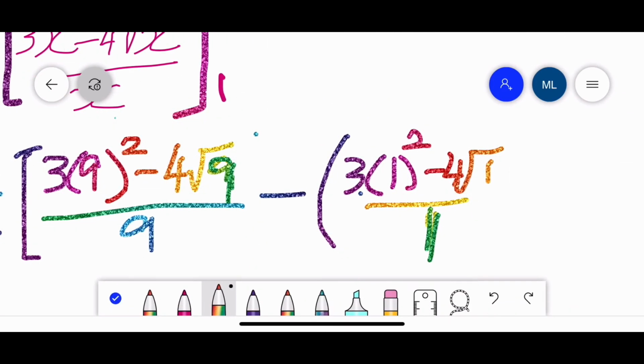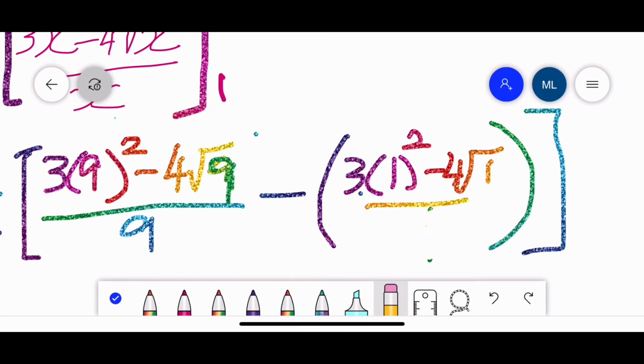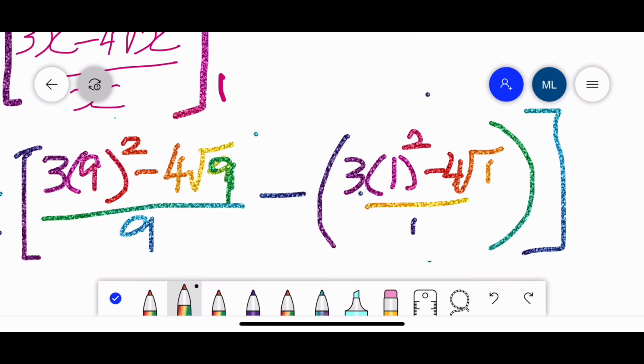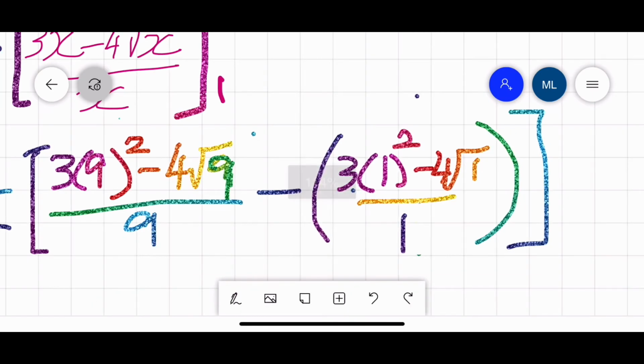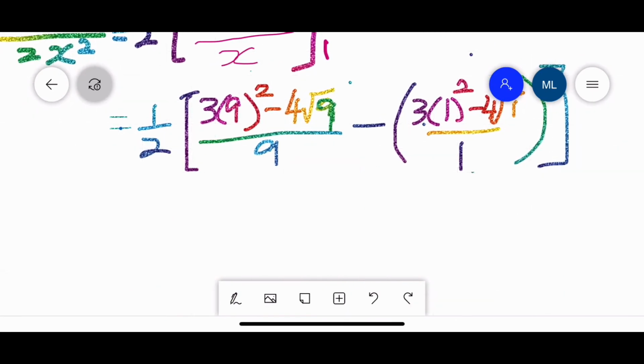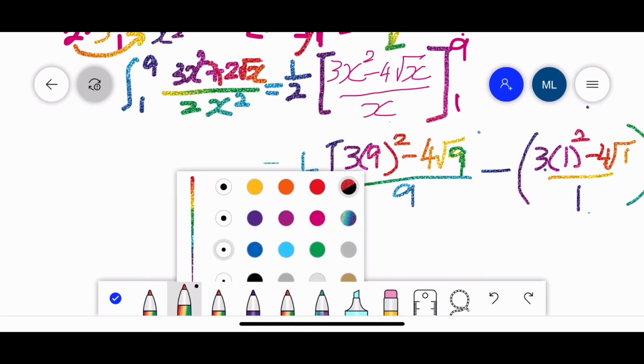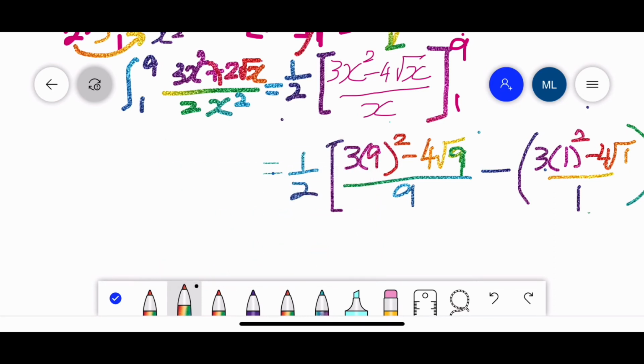So you close the bracket, and maybe you can try to use a calculator to solve, but I don't like to use a calculator. So it's over 1, since x is 1. Now let's see what the answer is. If I solve it manually, I will get 1 over 2 times, inside the bracket, 3 times 81, then minus 4 times 3.